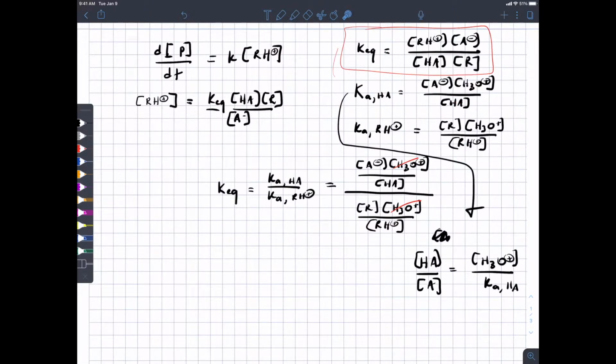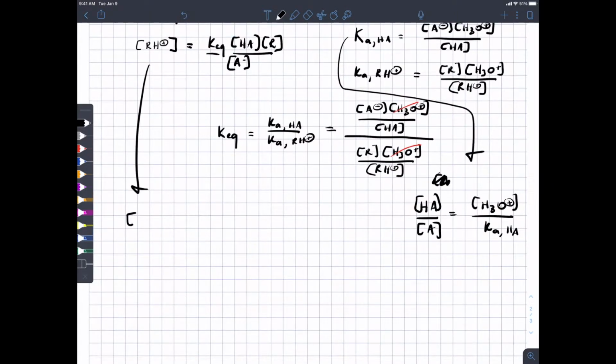Okay, so then we can actually adjust our expression for the concentration of RH plus, and that's going to equal simply H3O plus times the concentration of R divided by the Ka for my acid.